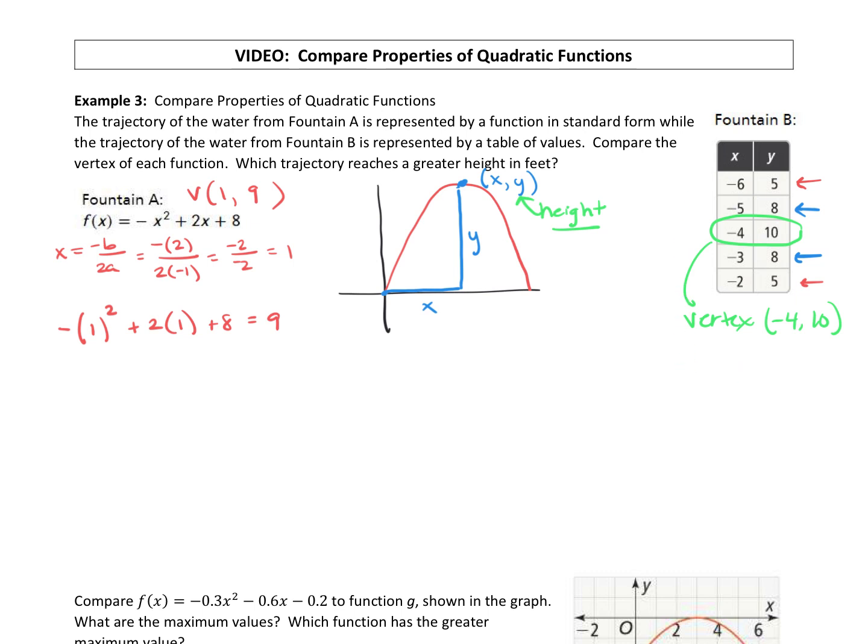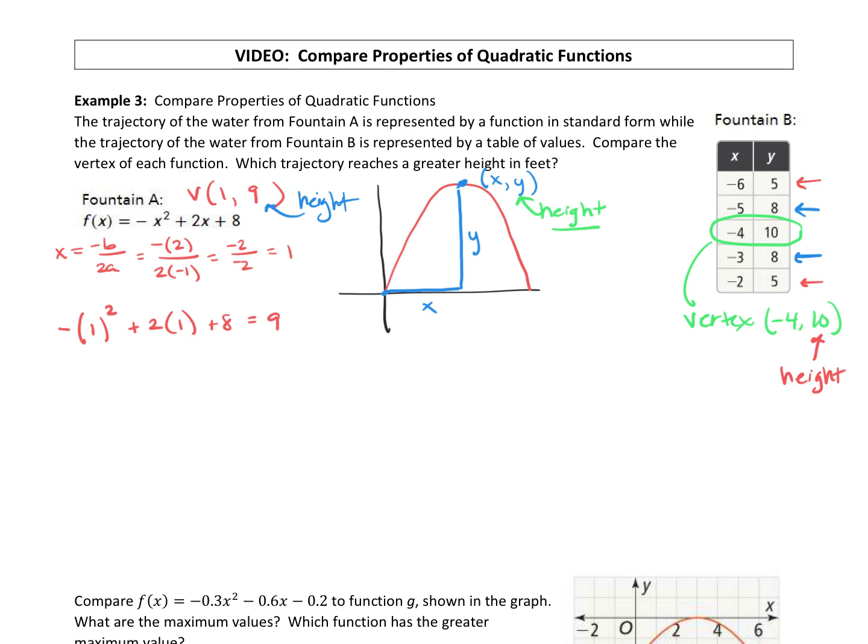So fountain B has a height of 10. And let's go ahead and write in with fountain A that 9 was the height.